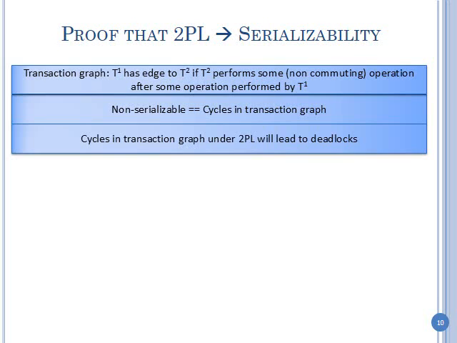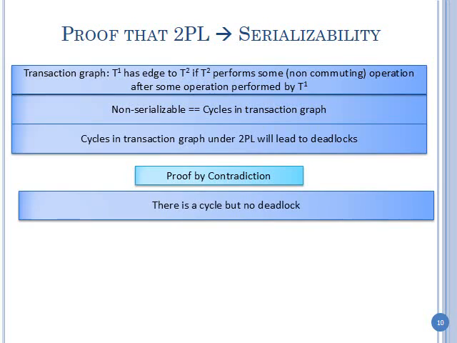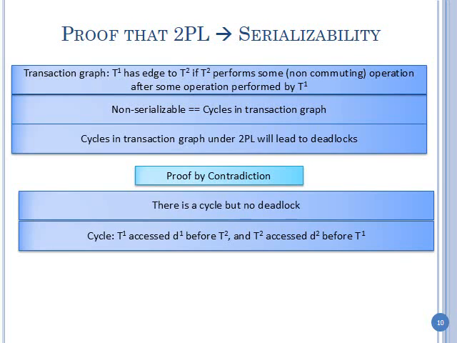So let's assume that there are cycles and there's no deadlock. Okay. What does that mean? That means there exist some D1 and D2 such that T1 accessed D1 before T2, and T2 accessed D2 before T1 accessed it.